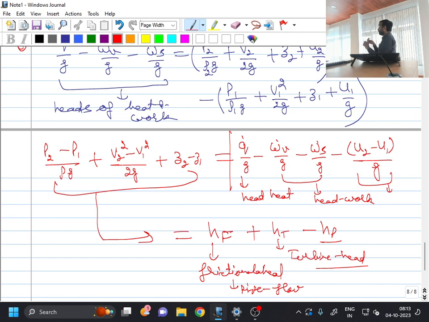So whenever I am talking about the Bernoulli equation, I cannot consider any turbine or pump connected between an inlet and outlet, and I cannot consider any frictional loss whenever I am applying the Bernoulli equation. So how to do that?